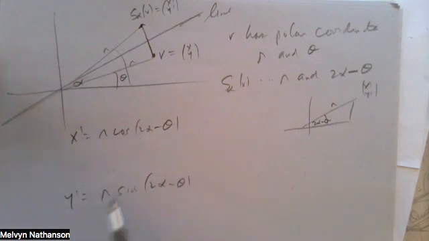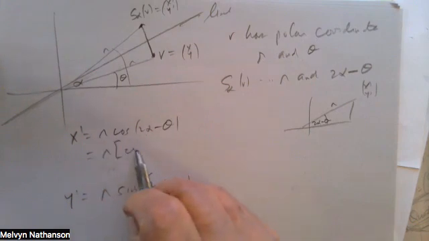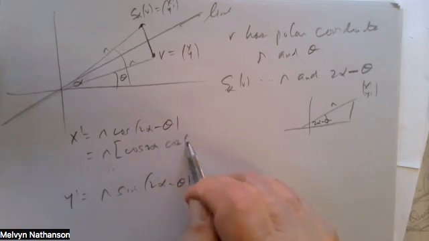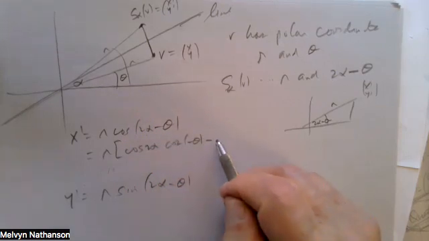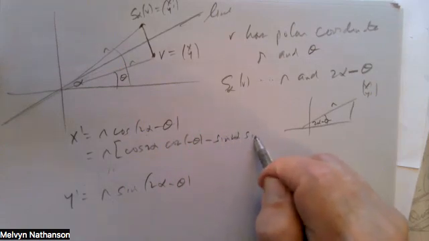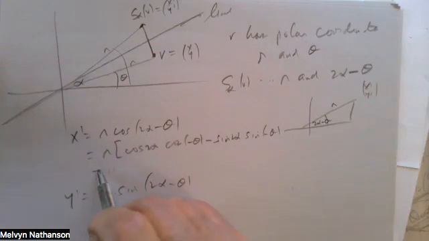And we just worked out the addition formula for the cosine. This is r times cosine of 2 alpha cosine of minus theta minus the sine of 2 alpha sine of minus theta.